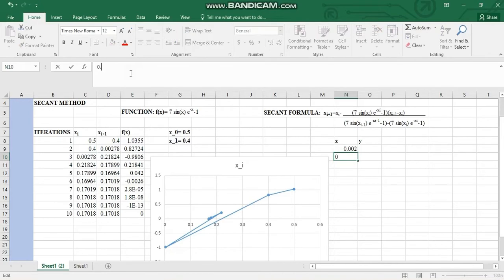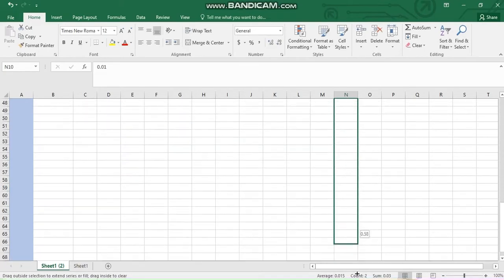0.002, 0.0, then 0.0, 0.02. We will use an interval of 0.02 until it becomes 0.5.